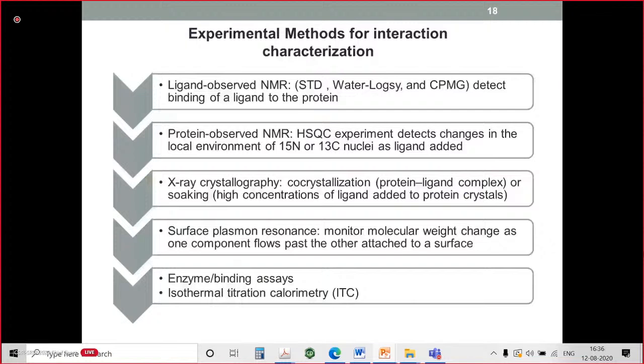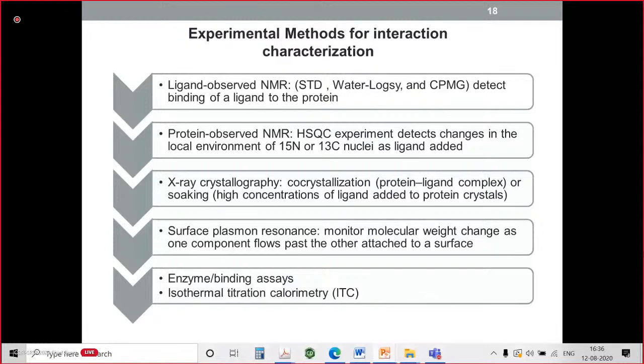Different NMR techniques are used, like ligand observed NMR or protein observed NMR. In ligand observed NMR, there is STD, which is saturation transfer difference, and another is Waterlogsy, ligand observed gradient spectroscopy, and CPMG. These help us find the ligand and protein interactions.